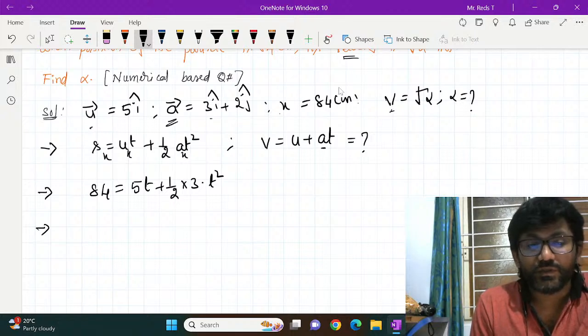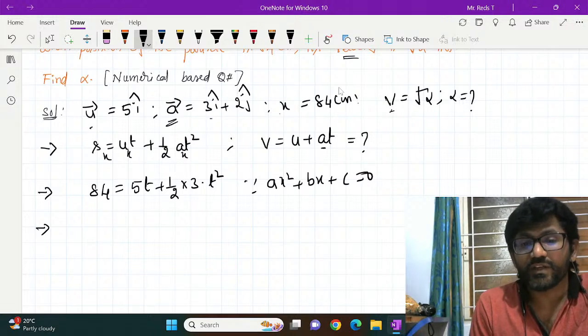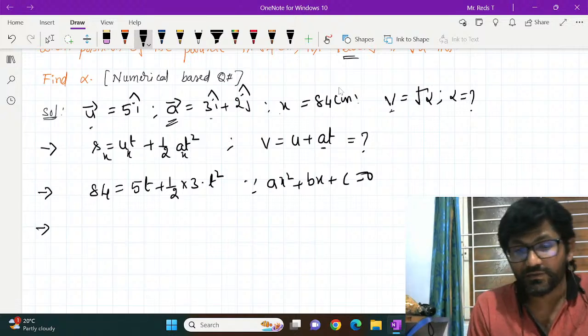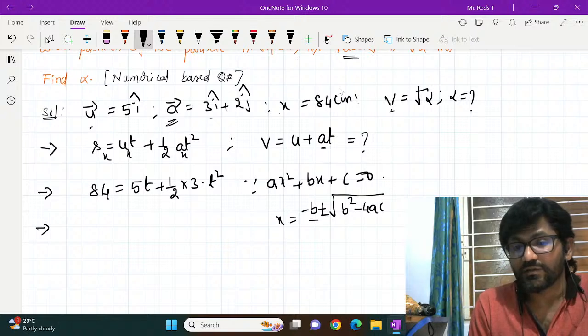Because it is in this form, the root values of x, here the variable is t, are given by x is equal to minus b plus or minus square root of b square minus 4ac, by 2a. We call these the roots of the quadratic equation.